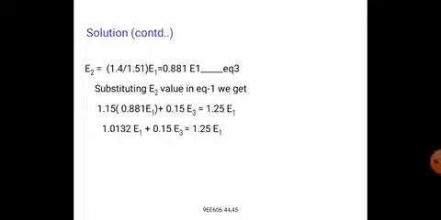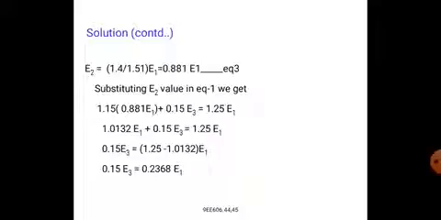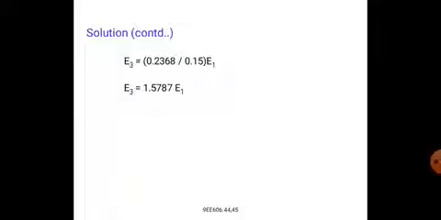So 0.15 E3 is equal to (1.25 minus 1.0132) E1, that is 0.2368 E1. So E3 is equal to 0.2368 by 0.15 E1. So E3 is equal to 1.5787 E1.